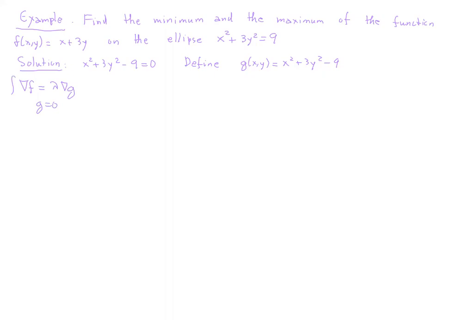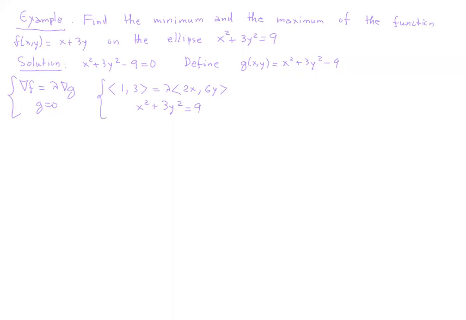And this translates to what? We will have the gradient of f is 1, 3. That should be equal to lambda times the gradient of g, which is 2x, 6y. And also, we should make sure that x squared plus 3y squared minus 9 is equal to 0. Let's write it as equal to 9. It's pretty much the same thing.